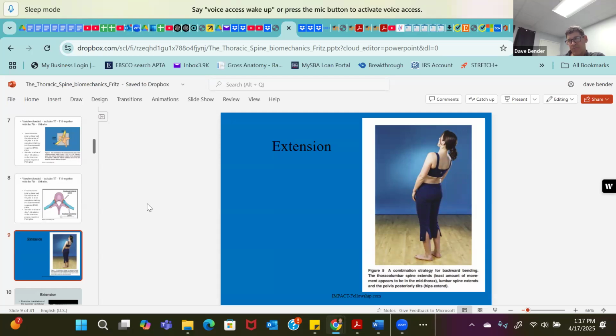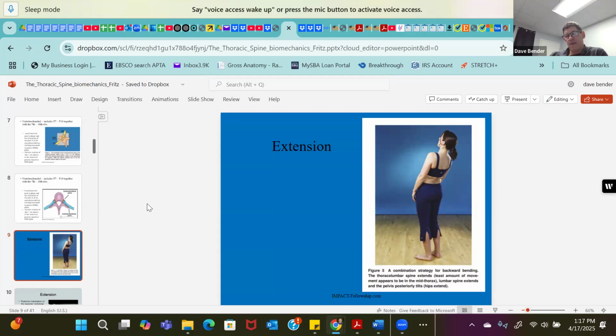As we look up into the mid-thoracic region, in most people there's little contribution from the mid-thoracic region. And those who are slightly kyphotic and fixed, that can actually act as a force accelerator into the thoracolumbar region or the lower lumbar spine. So as we look at somebody with an extension dysfunction, certainly the timing of these things matters, and can we get a little bit more extension from that mid-thoracic region?